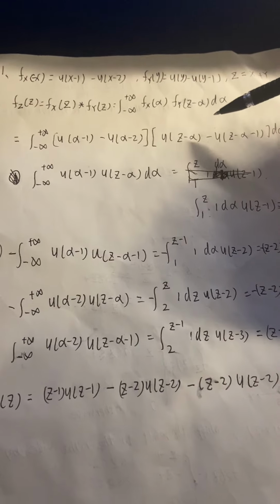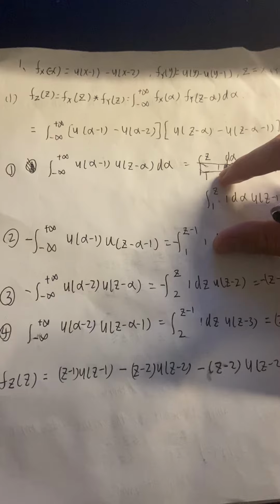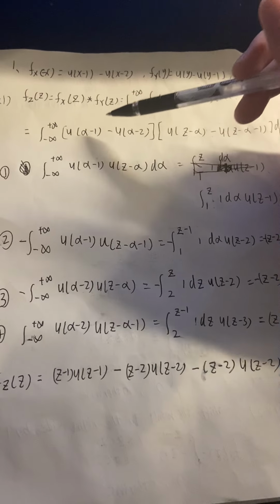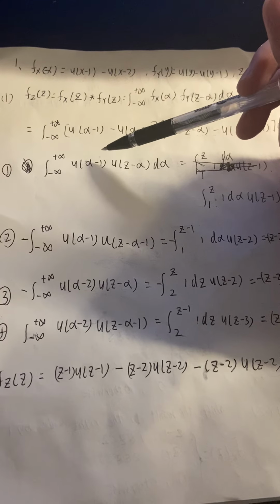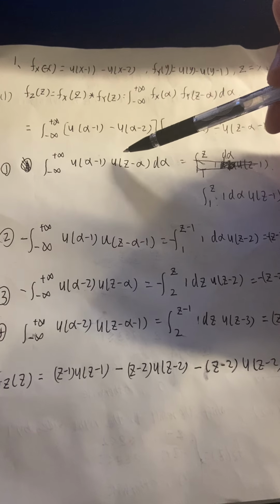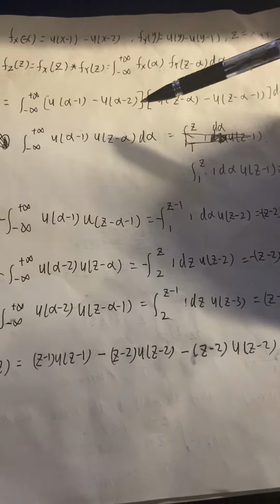For this integral, we can have 4 terms. For the first term, this one times this one is u(alpha-1) times u(z-alpha).